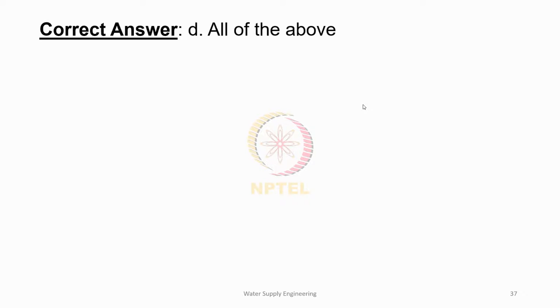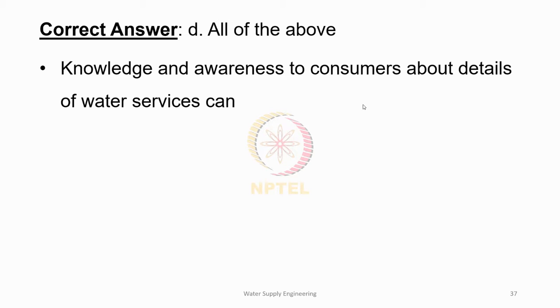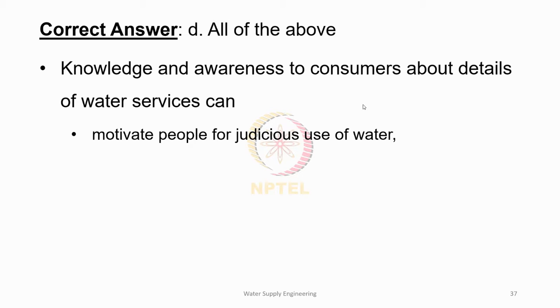Okay. So, I have got all the answers as option D. Yes, that's the correct answer. Option D, that is all of the above. So, knowledge and awareness to consumers about the details of water services, right from the source of supply, the total amount available, the demand that is there in the society. All these can motivate people for judicious use of water without unnecessary wastage of water.